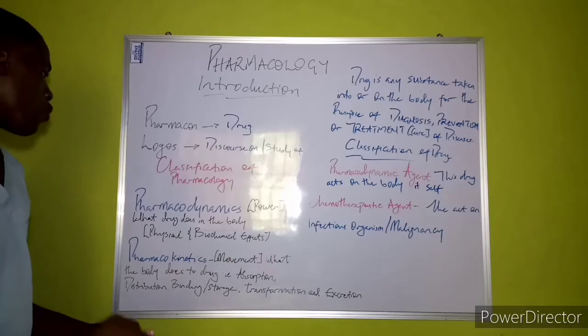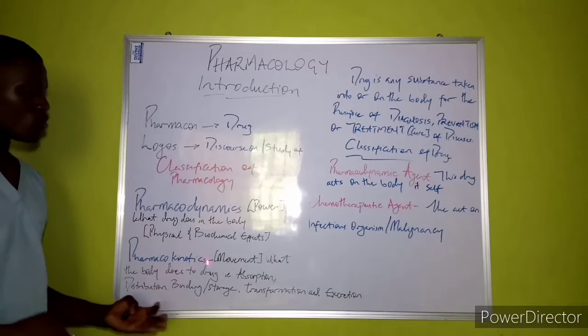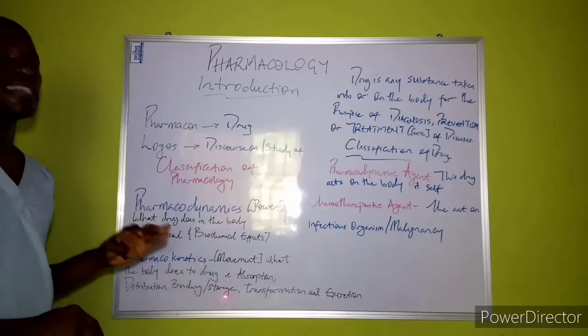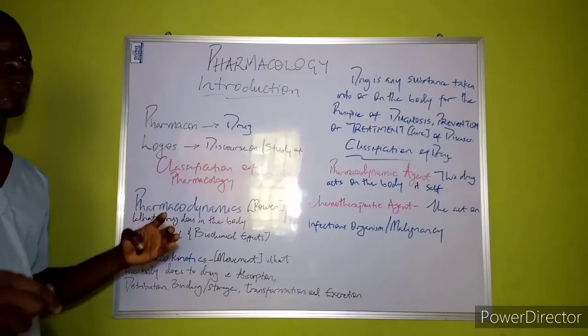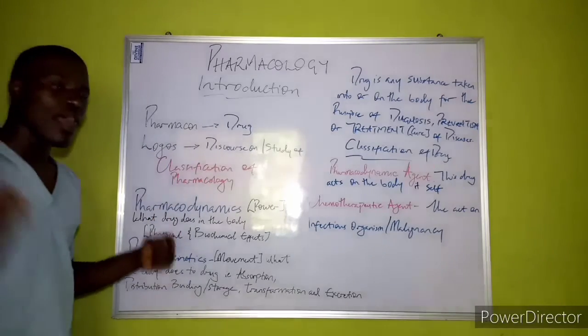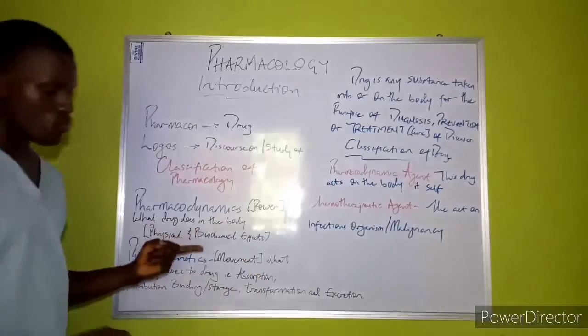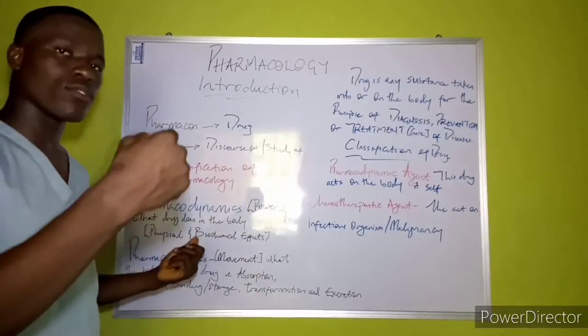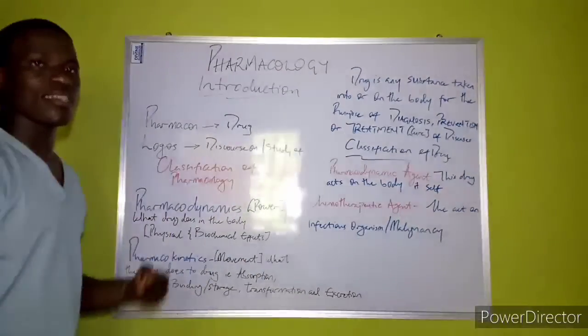Pharmacokinetics refers to what the body does to drugs that have been administered. When you've taken the drug, what effect does the body have on the drug? The first one, pharmacodynamics, asks what effect the drug has on the body. That's the changes it will cause.